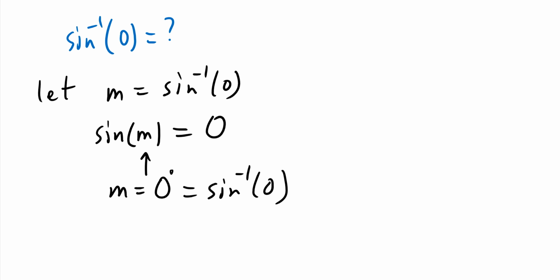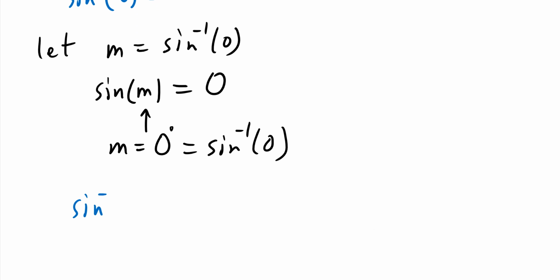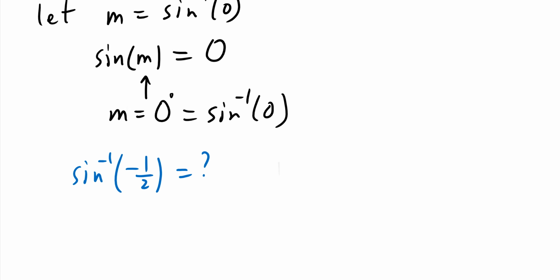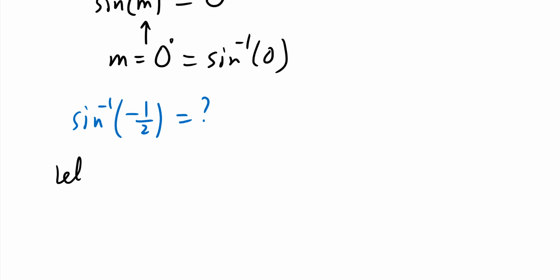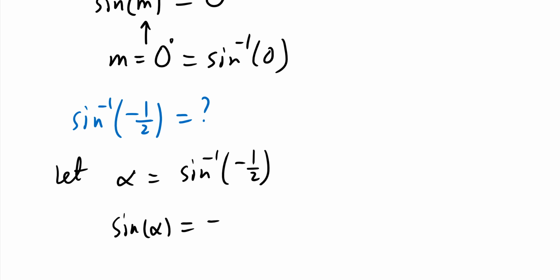What about another example? Sine inverse of negative 1/2. What does that equal? What angle has sine negative 1/2? Again, let's say alpha is sine inverse of negative 1/2. Then sine alpha is negative 1/2. Which angle has sine negative 1/2?